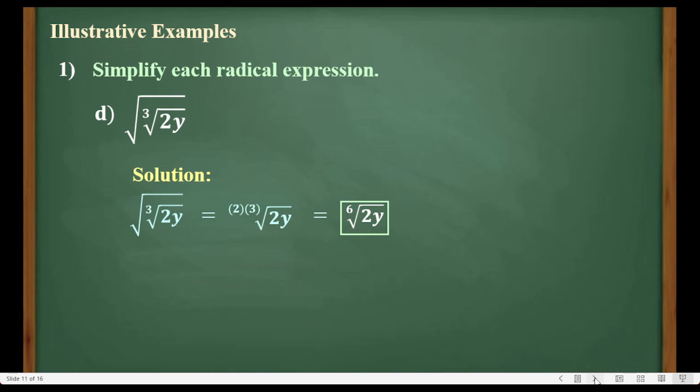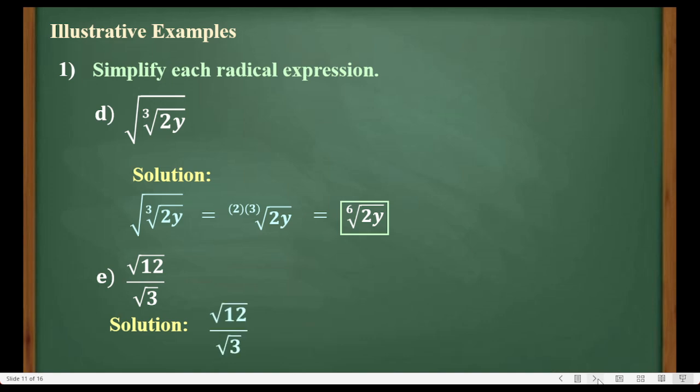Okay, next. Letter E. How about the square root of 12 over the square root of 3. Now, the given expression can be written with only one radical sign since they have the same index, which are both 2.